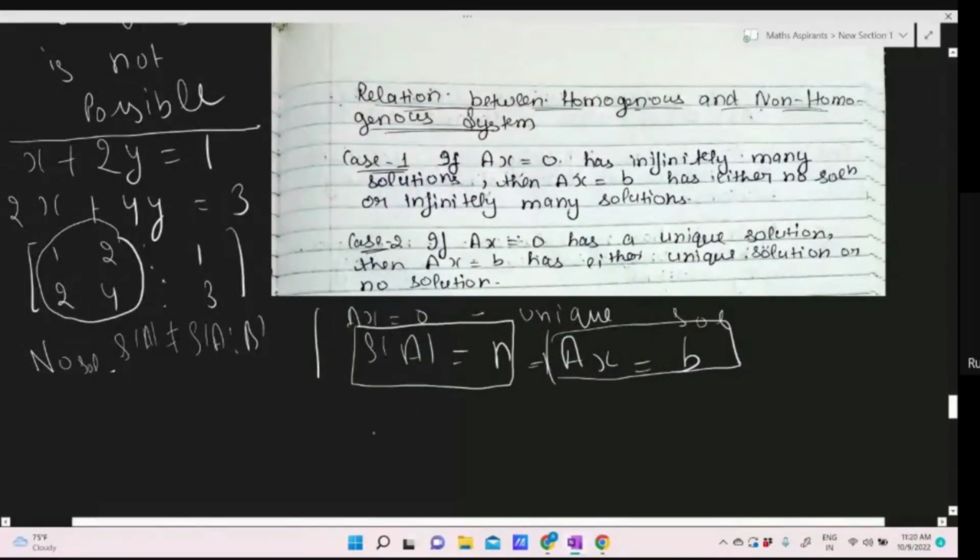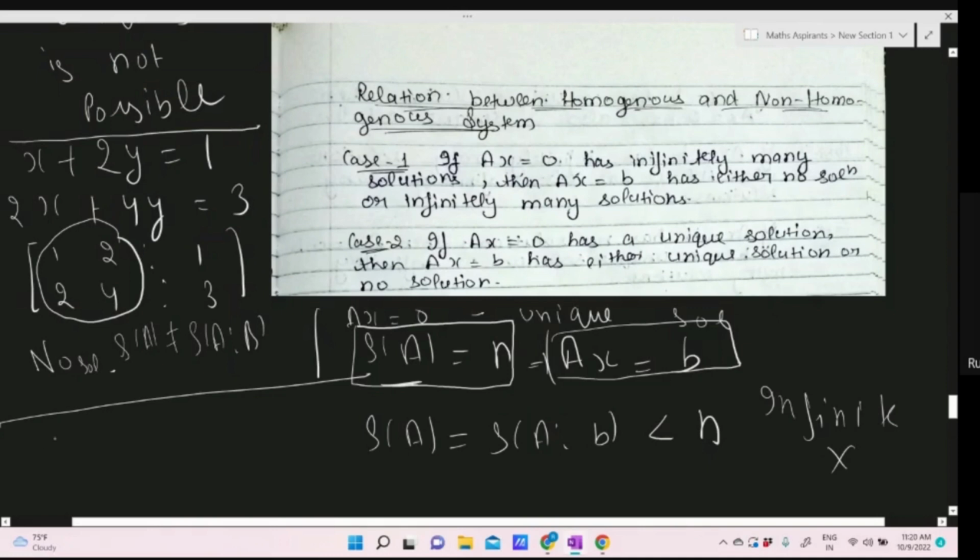If the rank of A is n, then the case of infinitely many solutions is not possible, because in the case of infinitely many solutions, rank of A equals rank of [A|B] must be less than n. Here we can conclude that the rank of A is less than or equal to n. Therefore, the case of infinitely many solutions is not possible.